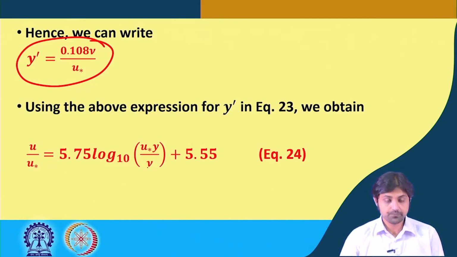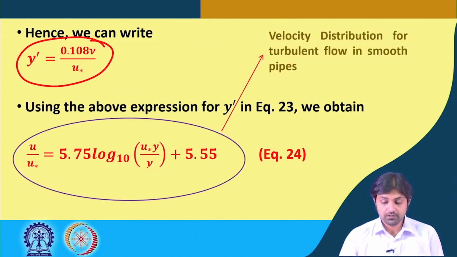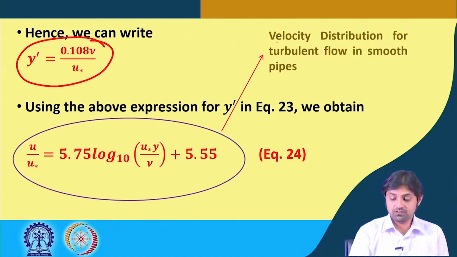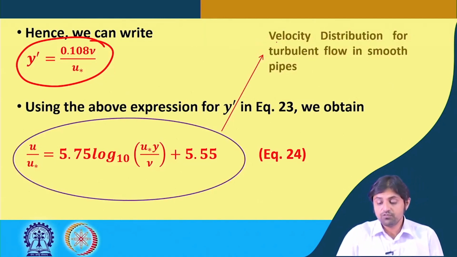Very simple. This is the velocity distribution for turbulent flow in a smooth pipe, where there is no irregularity.